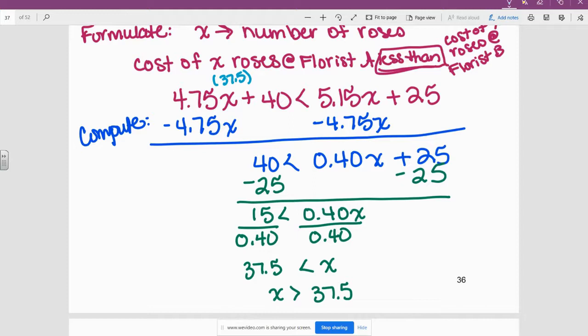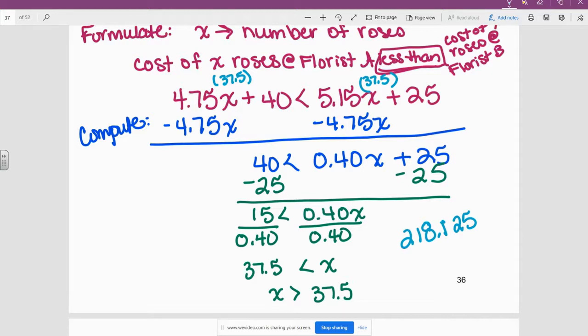If you ordered 37.5 roses, which I know doesn't make sense, you are going to end up paying $218.13, well, it'd be rounded, but I'll do the exact amount, which is 218.125. Again, plug that same value over here just to make sure we did our math right. $5.15 times the 37.5 roses plus the $25 fee also equals that.